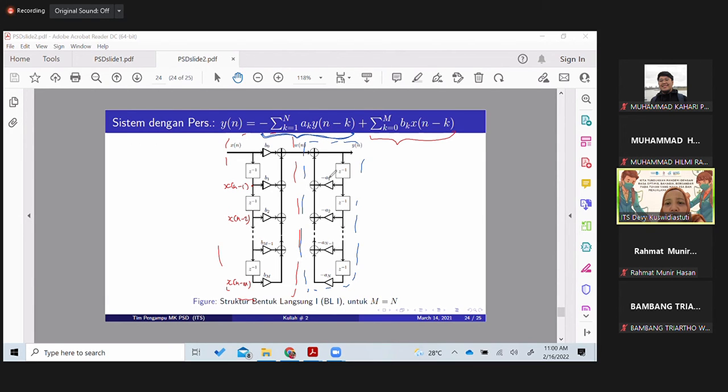And you could also see that the ak value starts from minus A1 and so on until capital AN, because the k value for the output here ranges from k equals 1 to N.